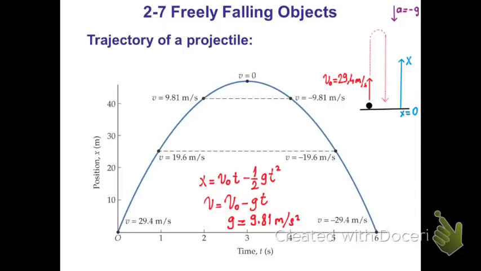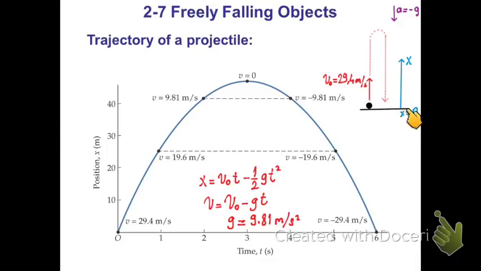Now, here you see a different kind of vertical motion of an object, which is thrown up in the air with an initial velocity, and this is the trajectory of the object, the x versus t graph, if you choose the vertical axis as x. Here the directions are important. Be careful here.